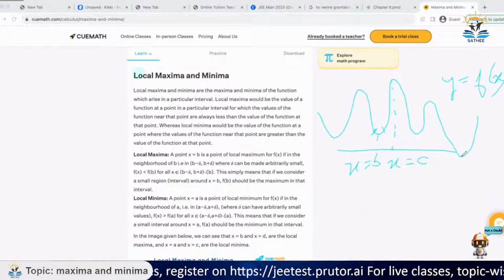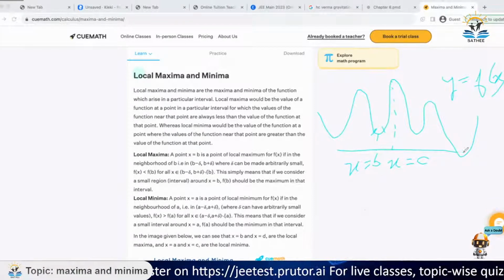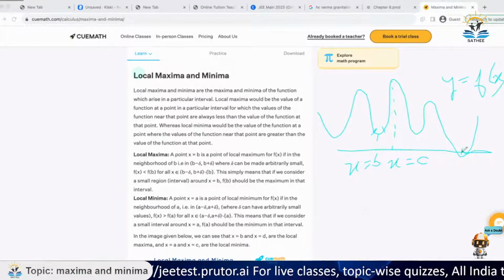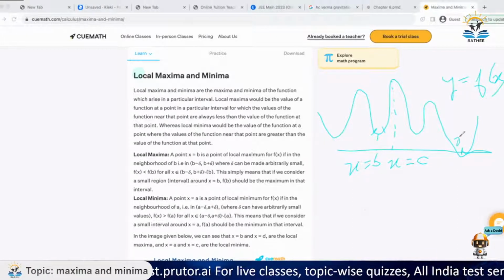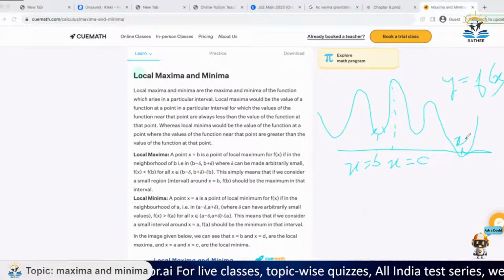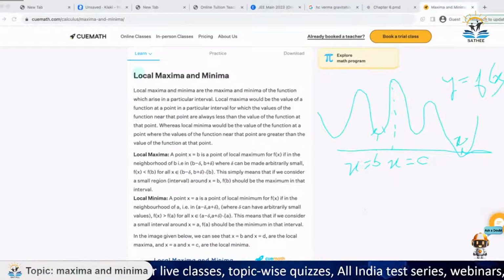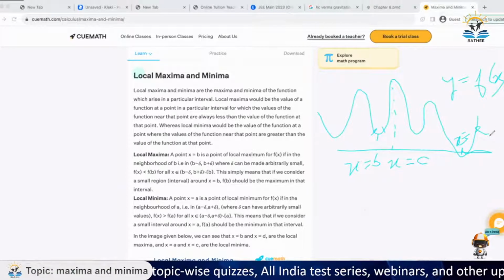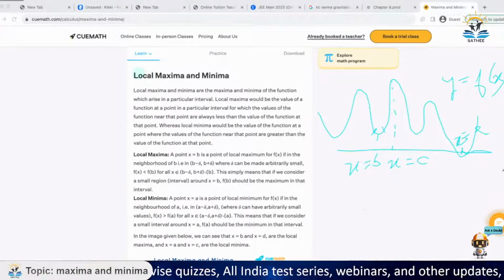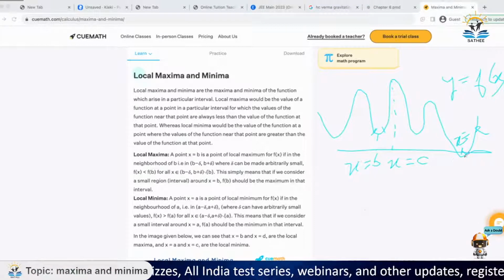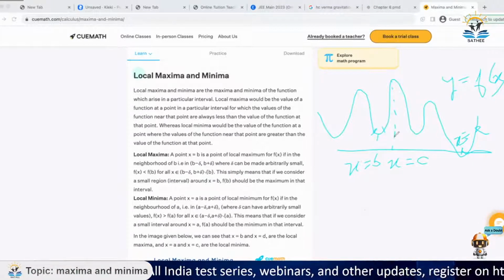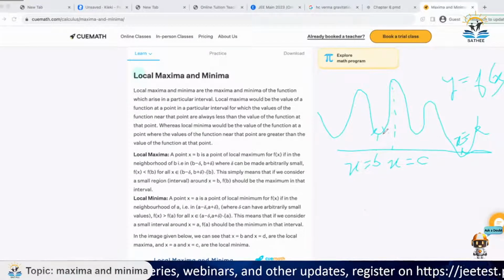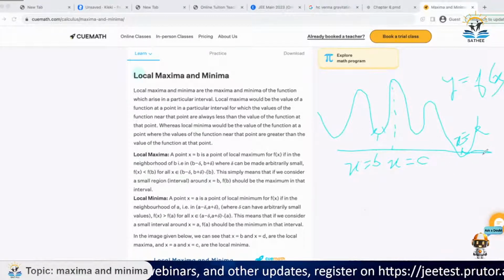Now we see this value, let us say this is x is equal to e. This value is even less than this minima. So a local minima is not the leastmost value in the entire function.